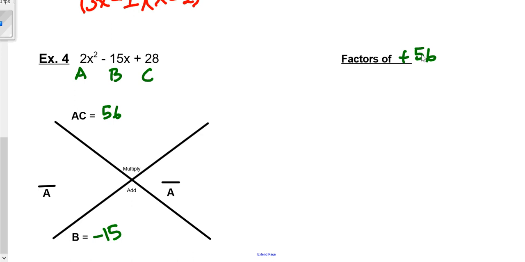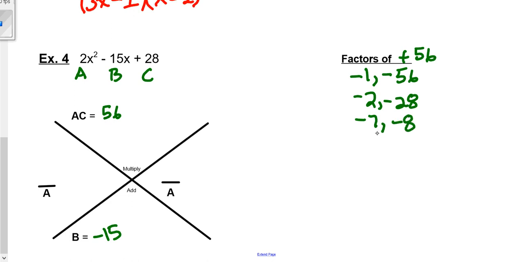So let's write down our factors of positive 56. All right, so we got negative 1 and negative 56. We got negative 2 and negative 28. By the way, negative 1 and negative 56 is a negative 57, so we know that's not our middle term. Negative 2 plus a negative 28 is a negative 30, so we know that's not it. Then you got negative 7 and negative 8.